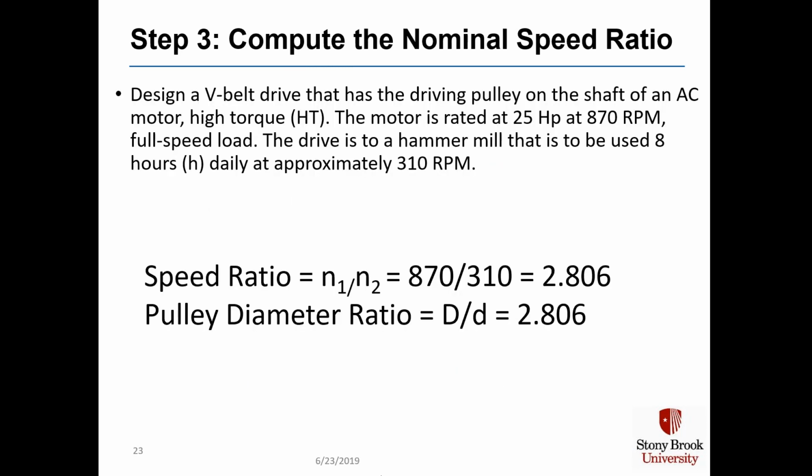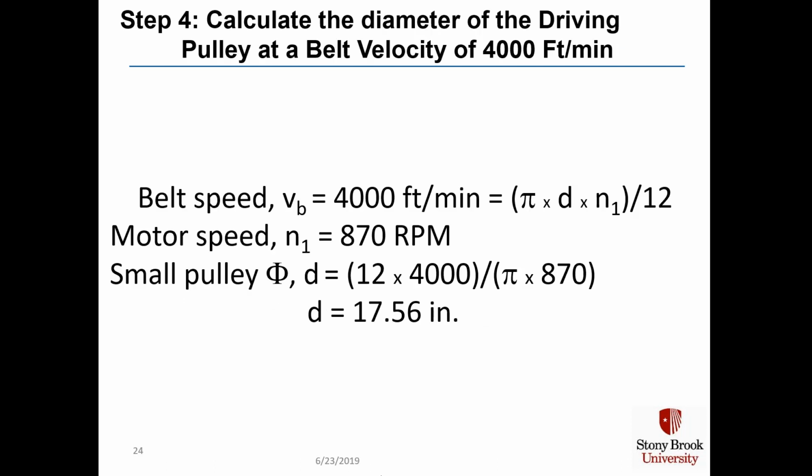So you calculate a speed ratio, which is 870 over 310, or 2.806, and that is the same as the pulley diameter ratio. You then calculate the diameter of the driving pulley at a nominal belt velocity of 4,000 feet per minute, which is in the middle of our range of allowable linear belt speeds.